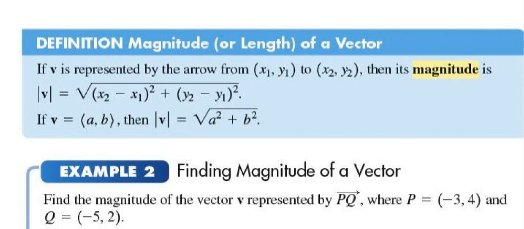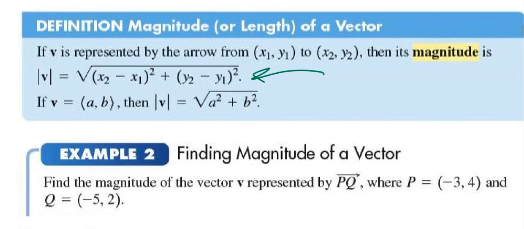Magnitude was the length of the vector. How did we find the length? It's the Pythagorean theorem. You just did that, right? So I think you all know this. I don't think you really need to write anything down. I know that they have what looks like the cool distance formula right here from geometry. It's still the Pythagorean theorem. I know it looks weird, but it is still the Pythagorean theorem.